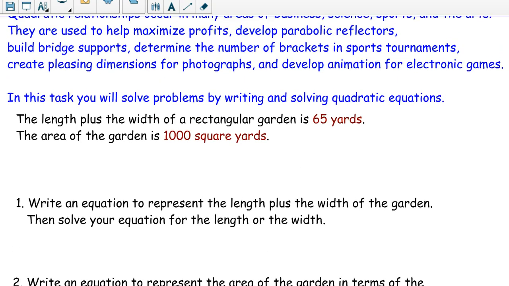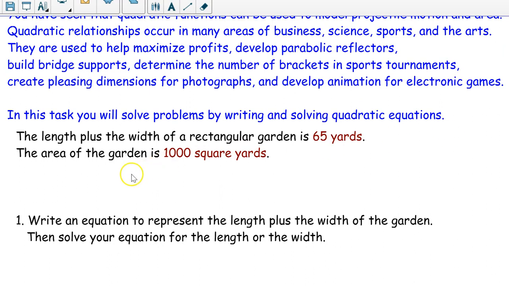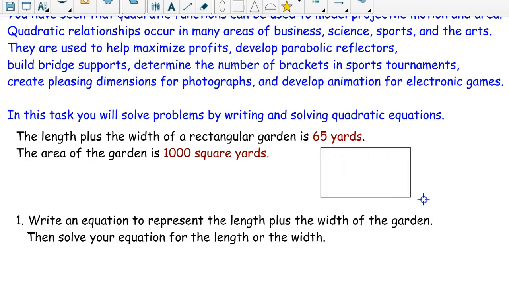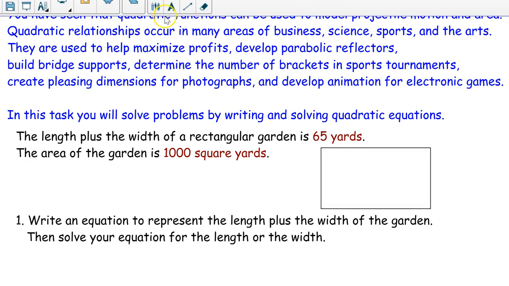So the first part here: the length plus width of the rectangular garden is 65 yards. Let me draw a rectangle here. The longer sides are the lengths, and this is the width.